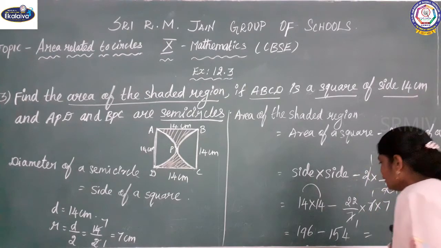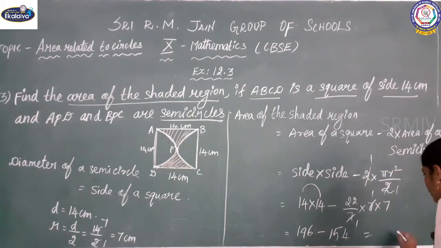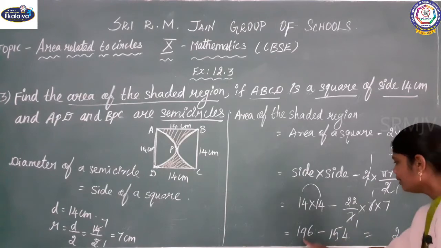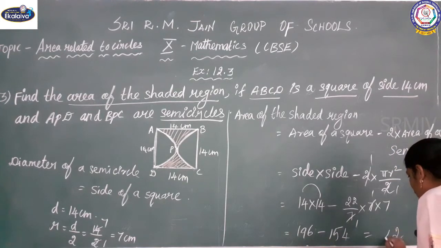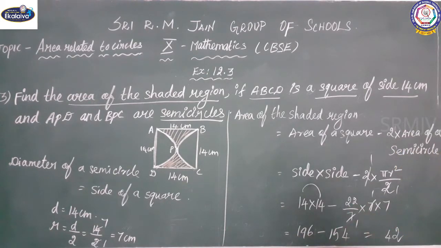Now you subtract this. 6 minus 4, 2. 9 minus 5, 4. 1 minus 1, 0. So what is the answer? 42 centimeter square. So therefore area of the shaded region equal to 42 centimeters square. Okay, I hope, is it clear?